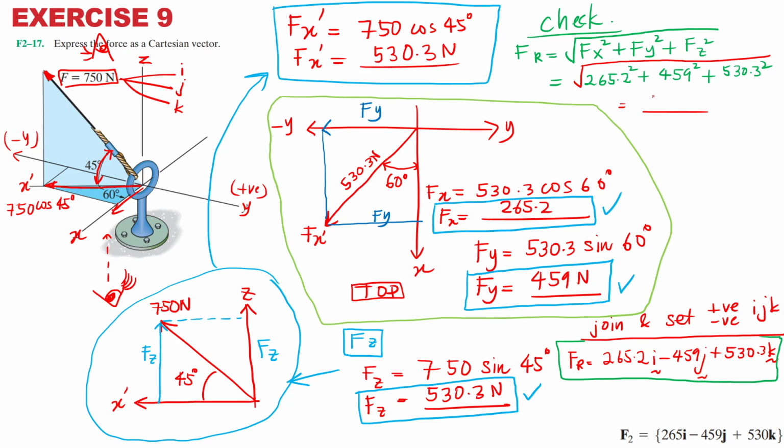You're gonna get something like 749.8 Newton, which is 750 Newton, as per this one. So if you can do that, you have managed to resolve them into vector components. Once you get everything done in vector, any operations is very easy.